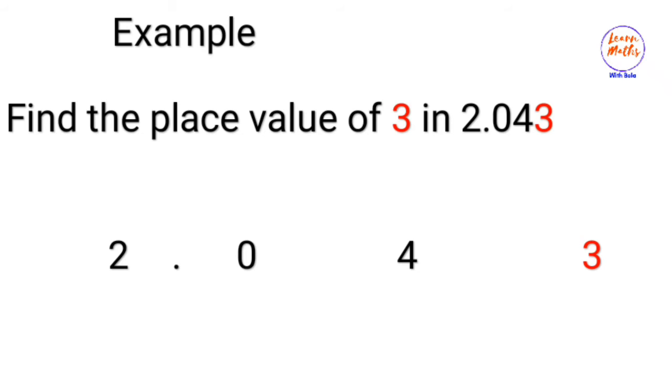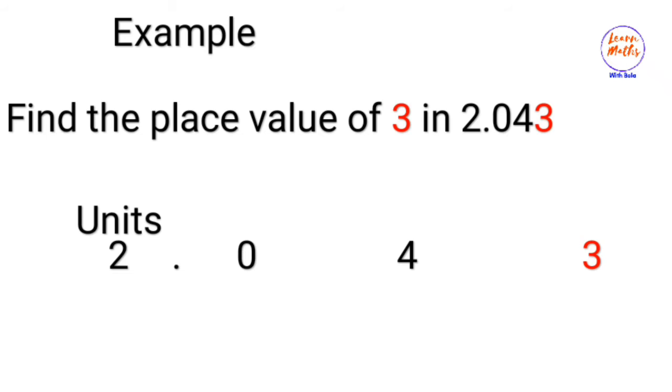So, where is the position of the decimal? The position of the decimal is between 2 and 0. So that tells me that my 2 will carry the units, because I'm treating the number before the decimal as if there is no decimal.